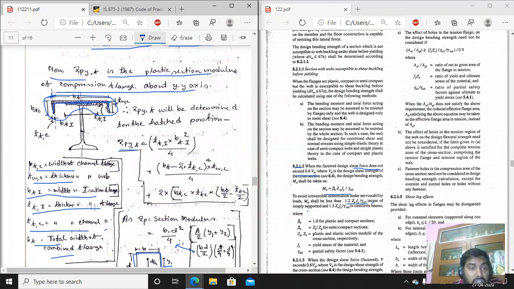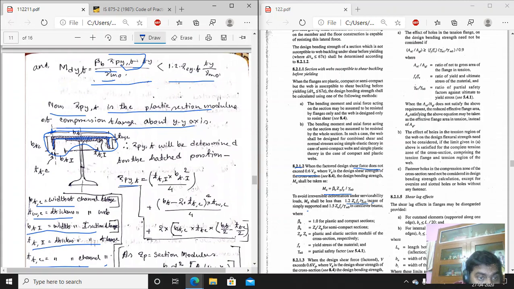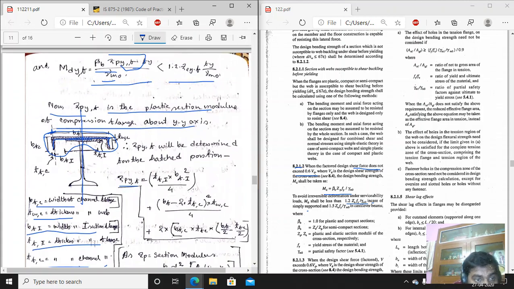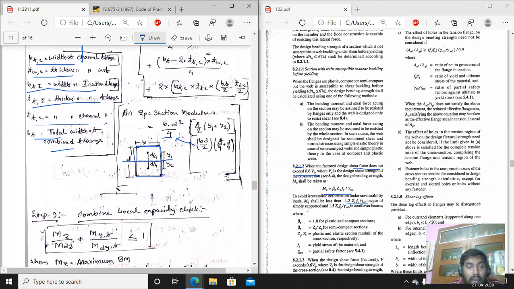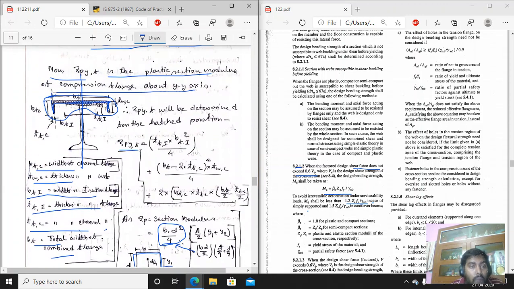Now when we are considering the Y section, you can see the neutral axis passes through the center of the I section flange and the web of the channel. For those two members, we have to determine the Zp. So we will use this formula BD square by 4 for the calculation of the Zp of this flange of the I section and the web of the channel section.